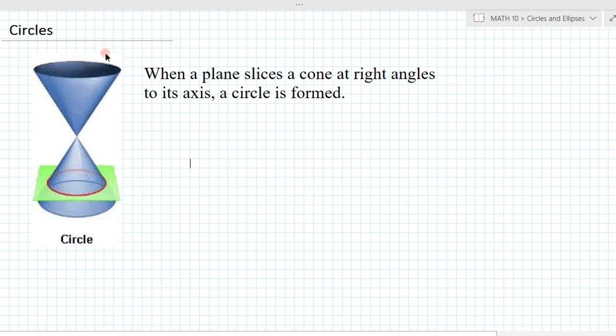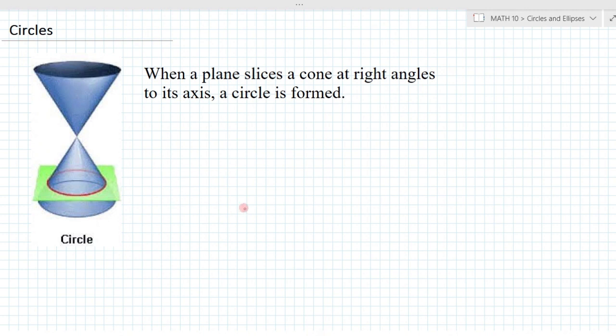A circle is formed when a plane slices a cone at right angles to the axis, as you can see in the illustration. There's a plane on a cone, and that's when a circle is formed.